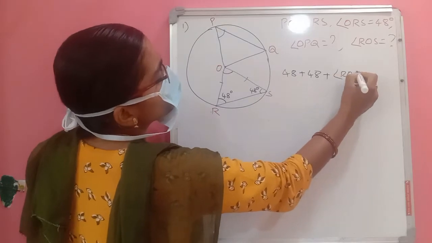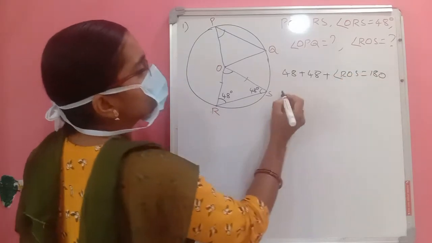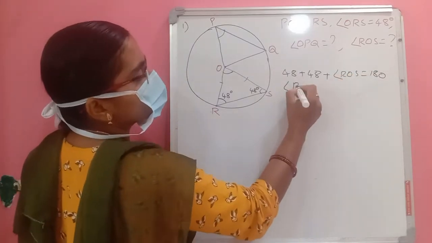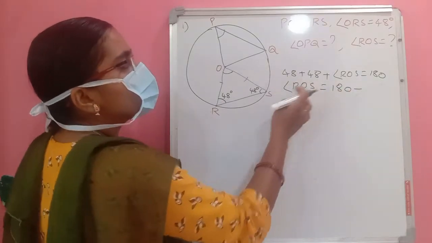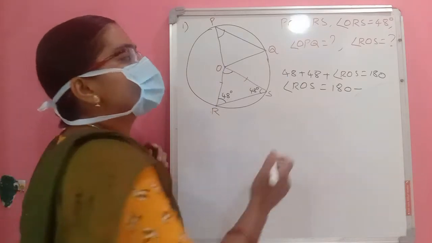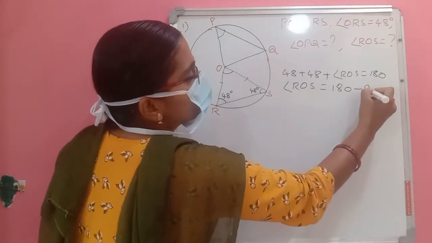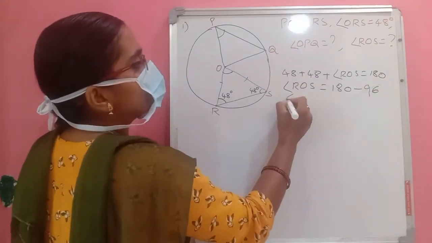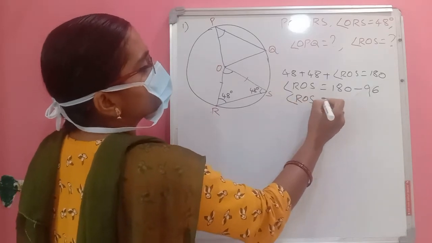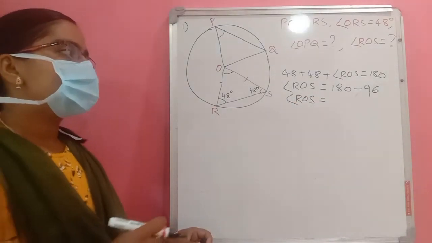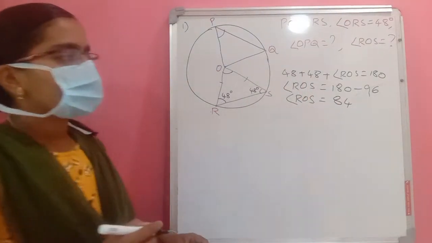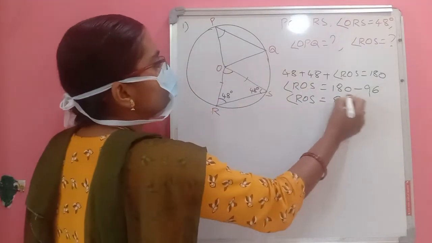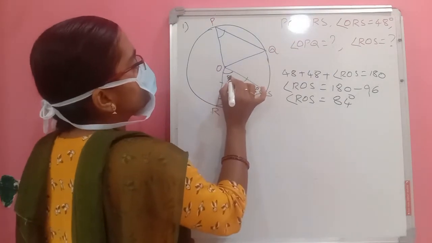Angle ROS is equal to 180 minus (48 plus 48), which is 96. Therefore, angle ROS is equal to 180 minus 96, which is 84 degrees. Therefore, angle ROS is 84 degrees.